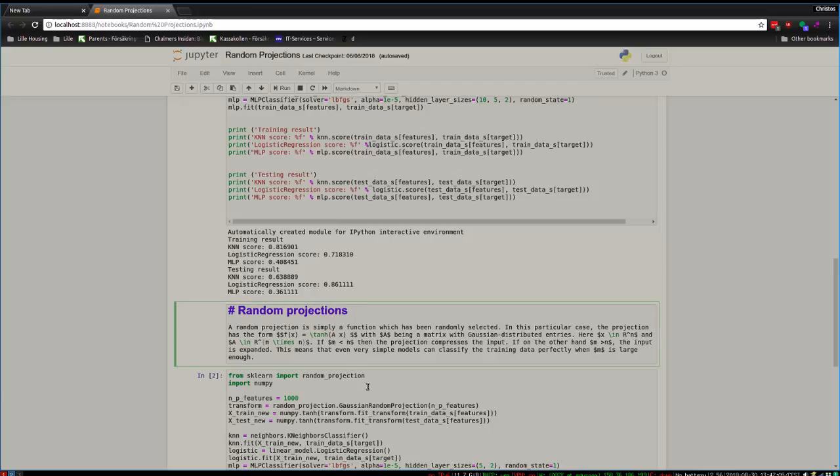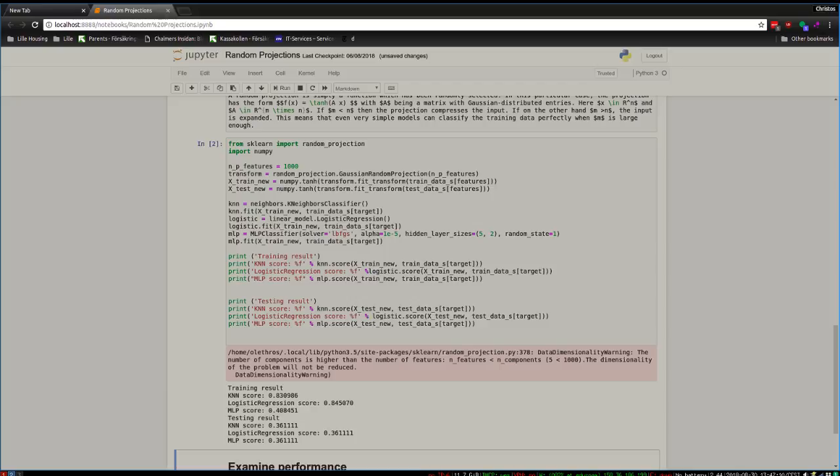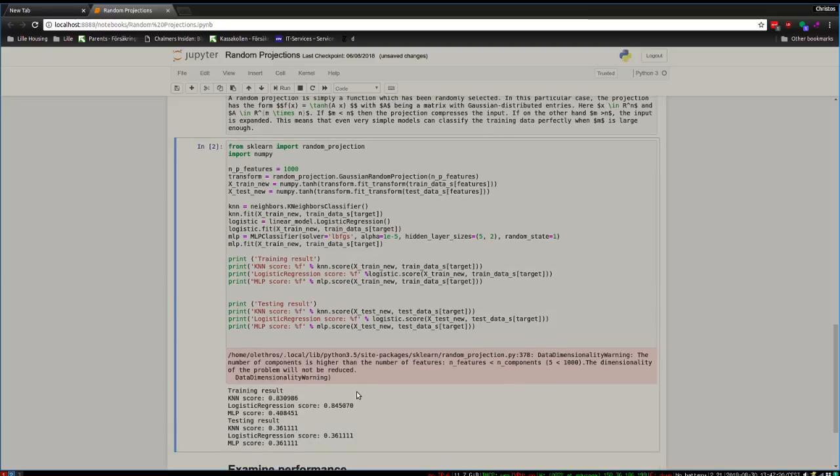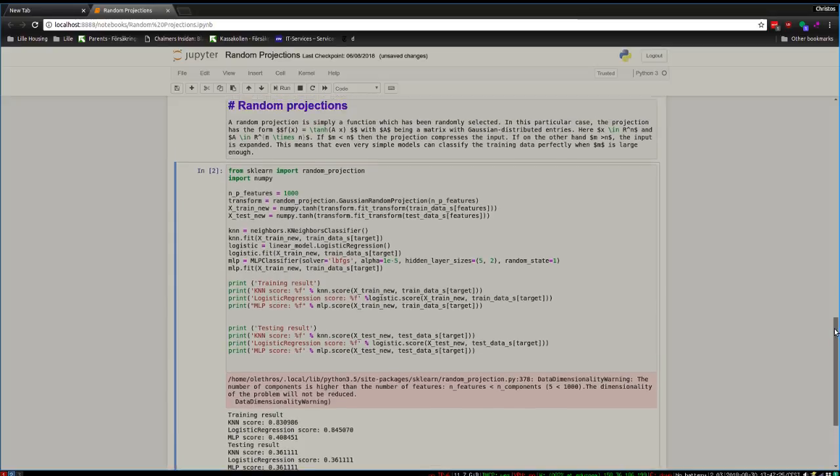But now let's think about what happens when you project the data from this low-dimensional space to a very high-dimensional one. In this particular case, it's 1,000 dimensions from the, let's say, 10 that were before. You get that your performance increases quite a bit in the training set for logistic regression.